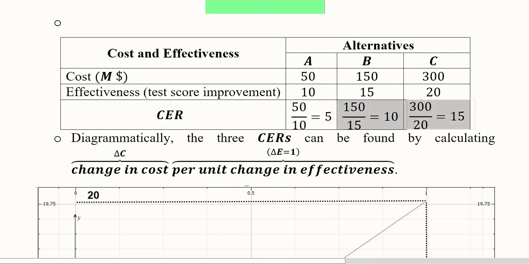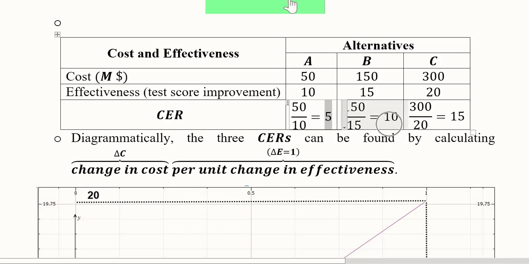In the same way you can find these values. Now we can see that 5 is the lowest value, and that means the value is actually 5 over 1, which means for 1 unit of effectiveness we will incur $5 million.